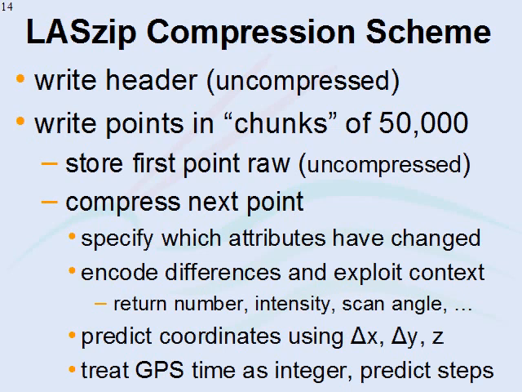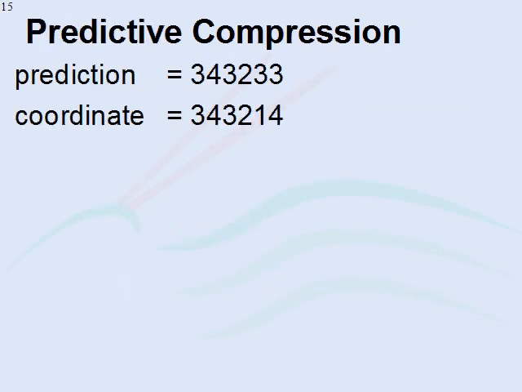And then it writes the first point just as it would be written in an uncompressed file, and all the following points of every chunk are now incremental changes to that first point. And then by clever modeling of the likelihoods and compressing it with arithmetic coding, we get small files. This predictive coding works well because, well, here's an example.